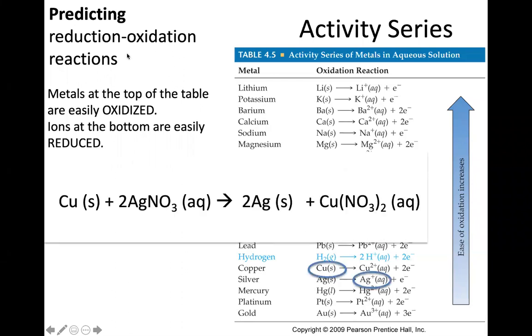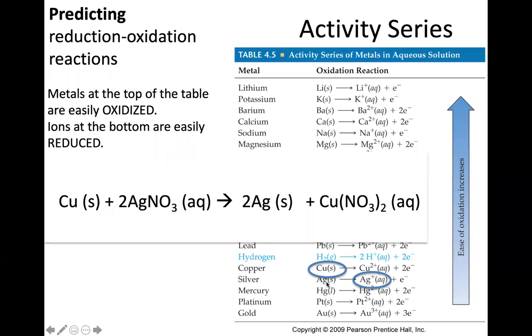So let's see how this now is something that we can use to predict reactions. We saw that when we take copper solid and react it with silver nitrate, a redox reaction takes place. The reason that that is consistent with the table: the copper solid was oxidized and became copper 2+, because there was an ion below it on the table of the activity series that could go from the ion to the solid.